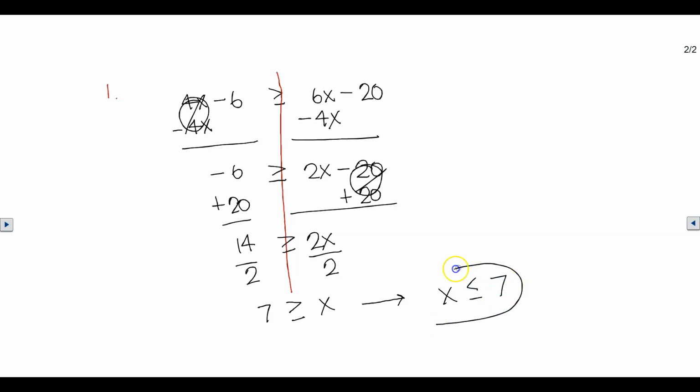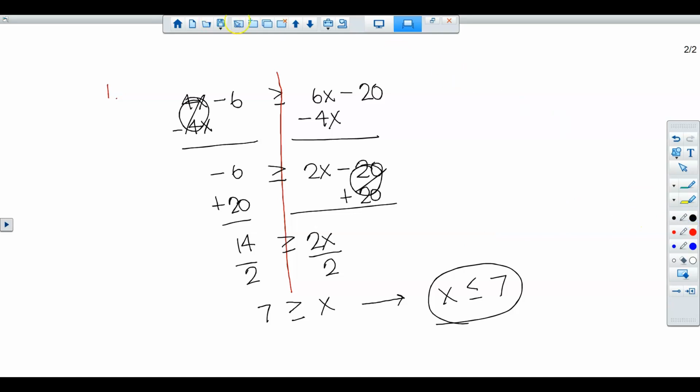That would be an equivalent version of that answer. So notice that when I flip-flop this so that the x comes first, that inequality sign flips as well. So the answer for this one would be x is less than or equal to 7. So with the exception of the flipper part of this, everything else is the same.